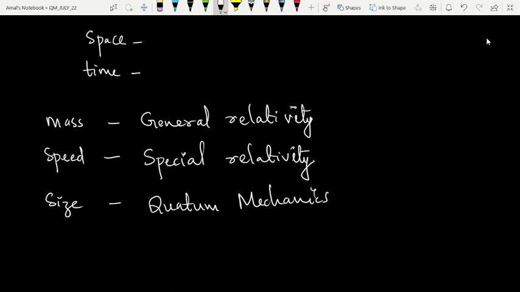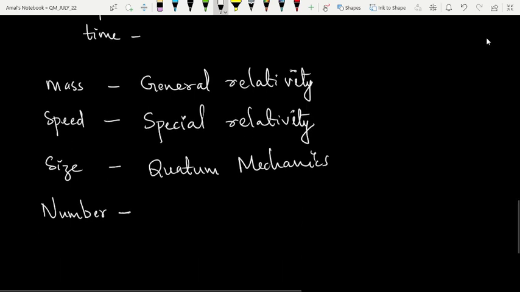And if the number of particles is very large, we already said that classical mechanics is deterministic. That is, if we know the initial state, we can predict the final state. But if the number of particles is too huge, for example, the number of particles in a room, it will be of the order of 10 to the power 23, the order of Avogadro number.